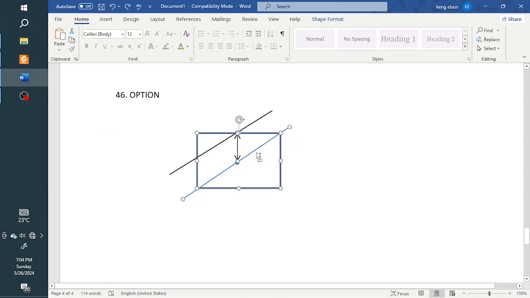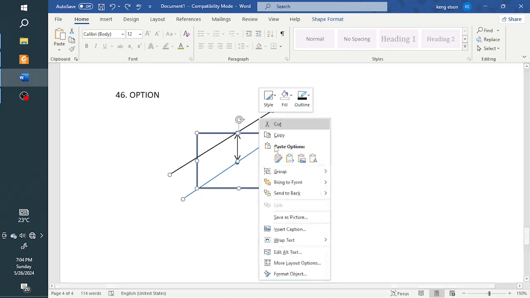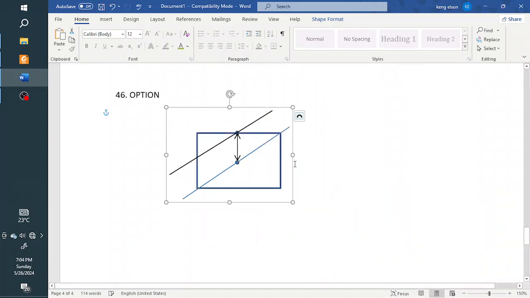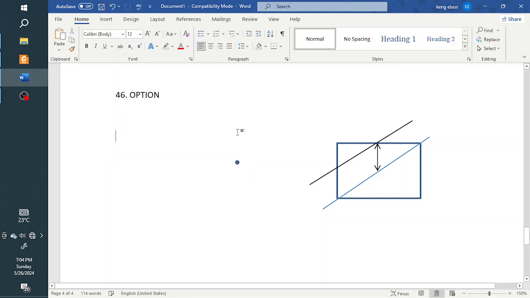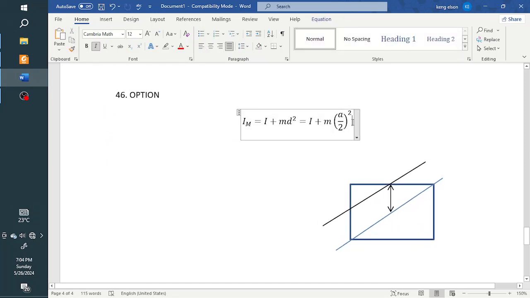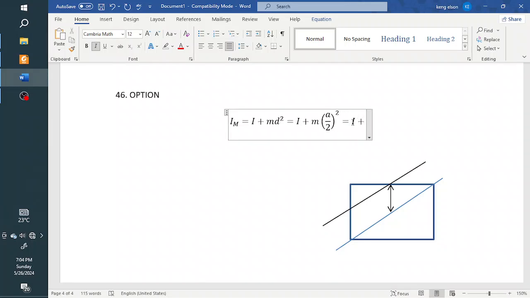Let me just try to group it. I'll remove these ones from here. Okay, so like I was saying, if we work it out, we are going to have I plus ma squared divided by 4.